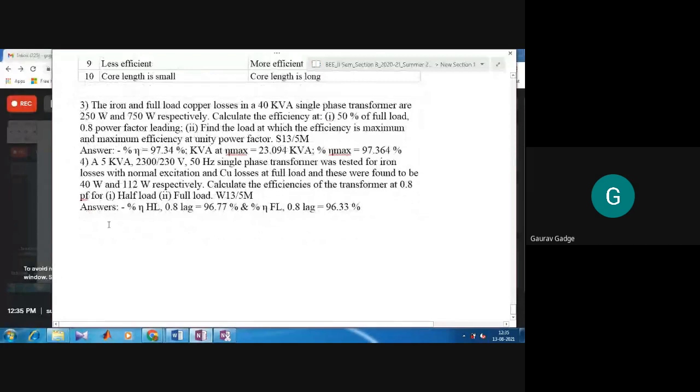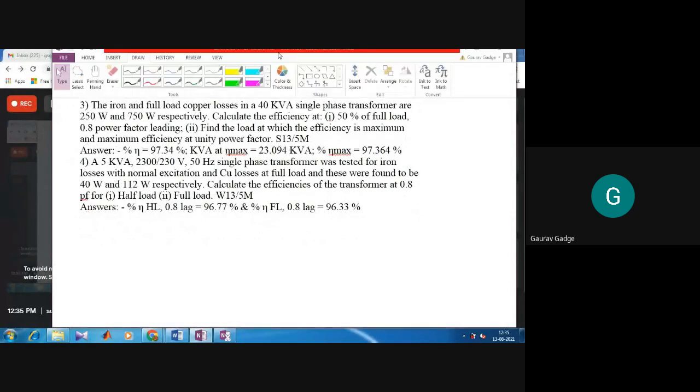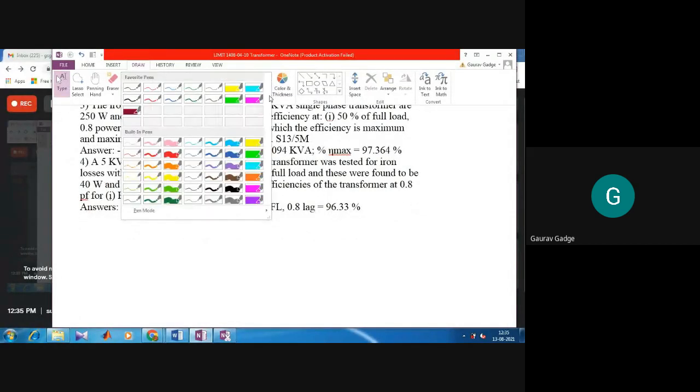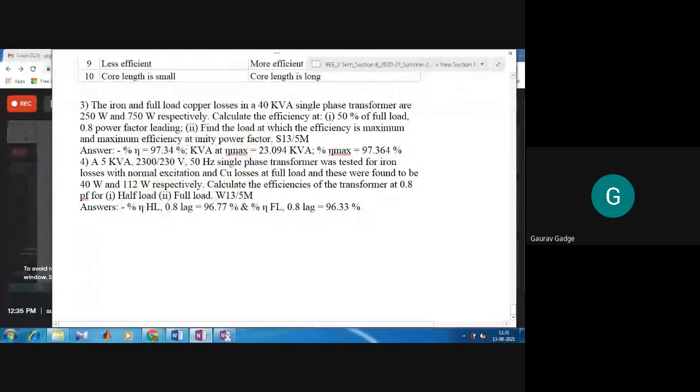Before going to the numericals, I will write down the equations. The first equation is for efficiency. Efficiency can be written as power output upon power input, multiplied by 100%.